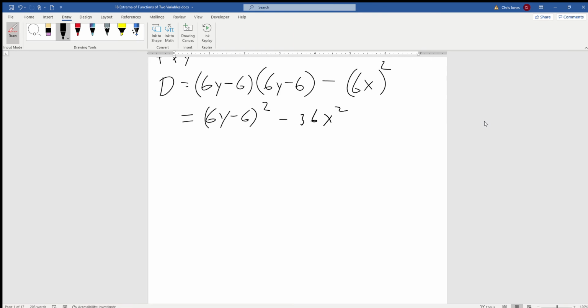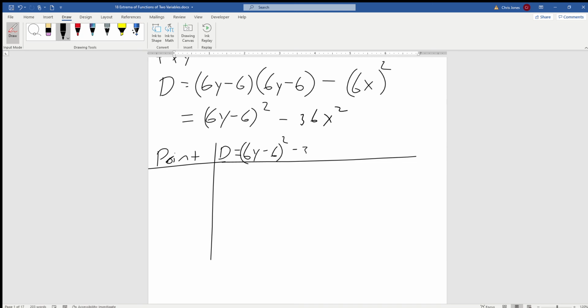So we have our critical points, and we're going to need a few things. We should definitely have the value of D, which remember we said was (6y minus 6) squared minus 36x squared. We also need the value of fxx possibly. Remember, fxx was 6y minus 6.